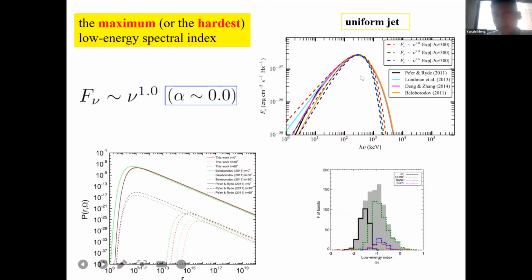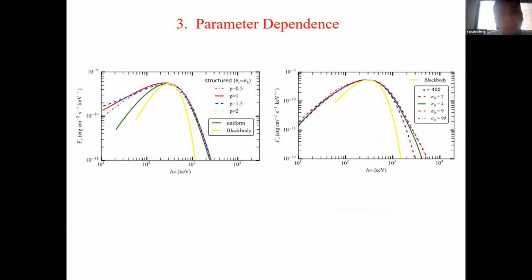So we should use the other probability density distribution, and we find that this other distribution gives the value of 0. So in total, this is the model for the low energy index distribution.